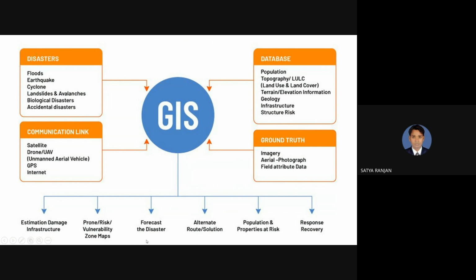All these result-oriented informations are calculated based on different satellite images, aerial photographs, and other land cover mapping. So nowadays most of the remote sensing satellites are useful in disaster mapping.